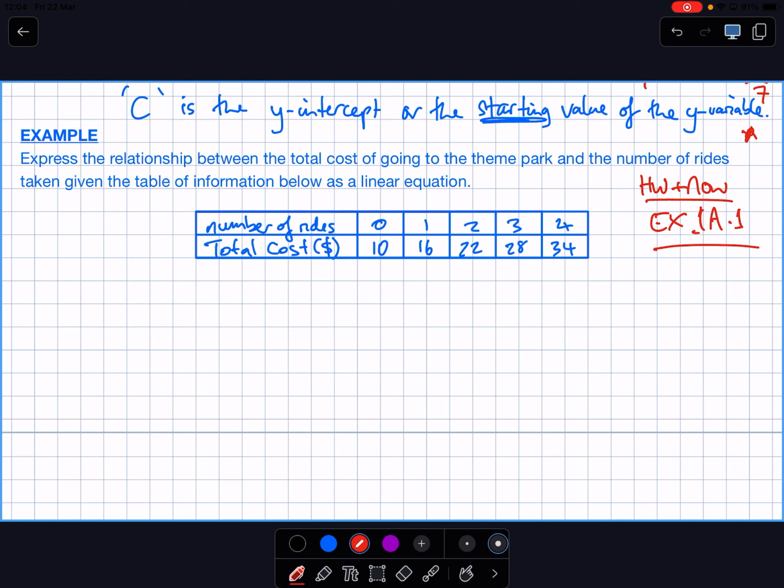Let us express the relationship between the cost of going to the theme park and the number of rides given this table of info. What was the constant that the number of rides was going up?